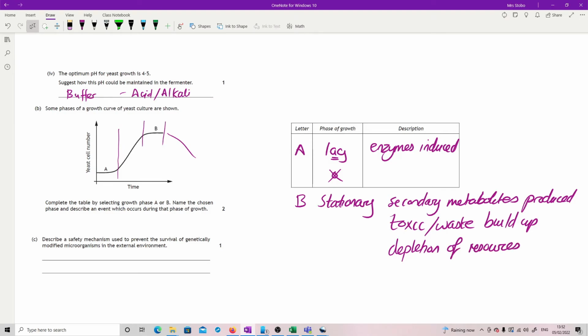Okay. Describe a safety mechanism used to prevent the survival of genetically modified microorganisms in the external environment. Straight from your content statements. What you have here is you need to have a gene which prevents survival outside your cultured conditions, outside the lab, basically.